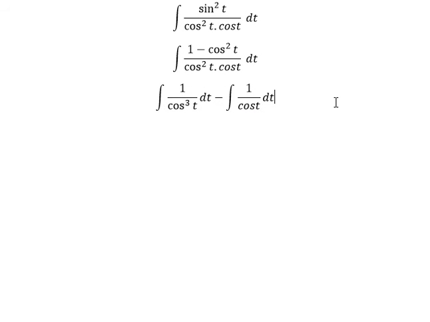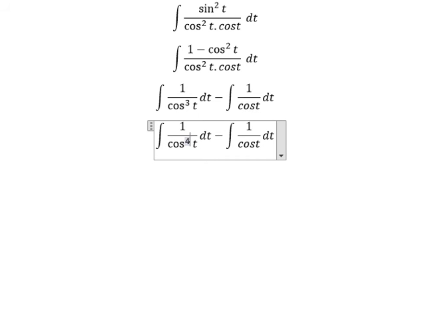Next, we multiply cosine t on numerator and denominator. That should be cosine t to the power of 4. This one similar.